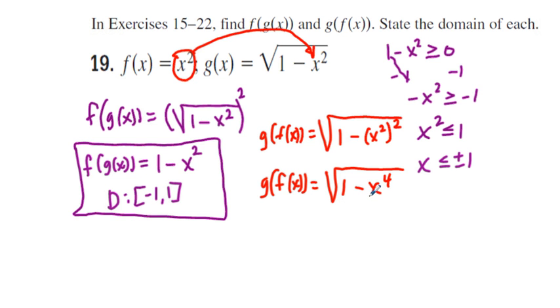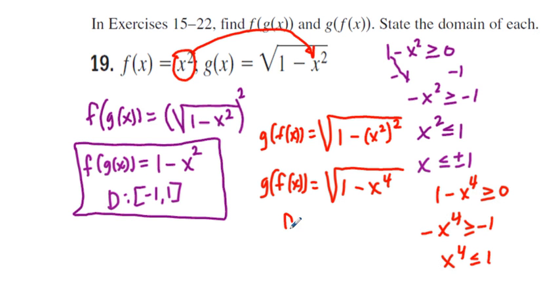And our restrictions, so we have our old restrictions. If we have 1 minus x to the 4th greater than or equal to 0, we have x to the 4th less than or equal to 1, and we take the root of each, we end up with the same thing.